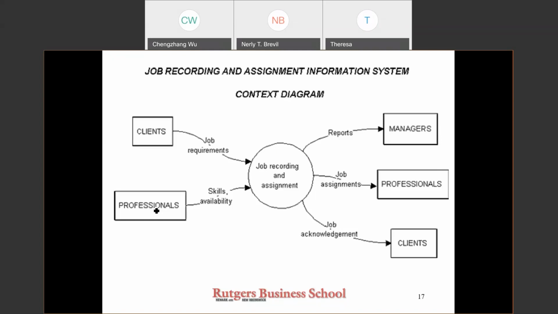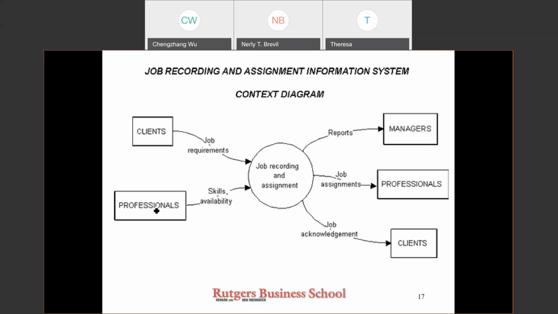Flows returning to an entity that provided input are also shown from left to right by repeating the entity on the right side of process. So this is the highest level of DFD diagram, context diagram.